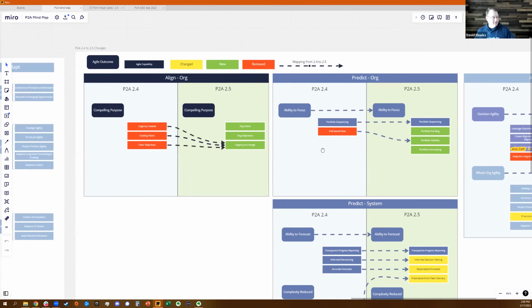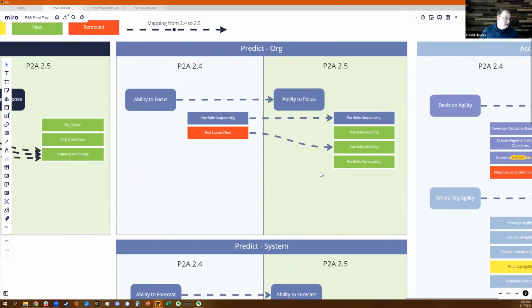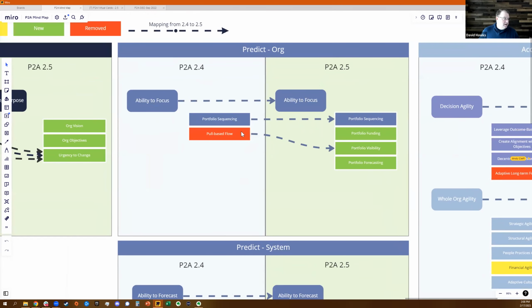The second thing that we did is around portfolio, looking at lean portfolio management, or you could talk about it as strategic product planning, that level of thing. We decided to keep the same agile outcome of ability to focus, but we expanded the portfolio capabilities underneath that.